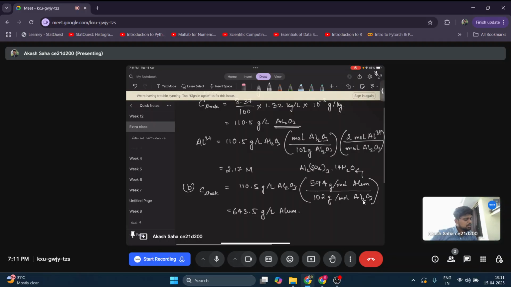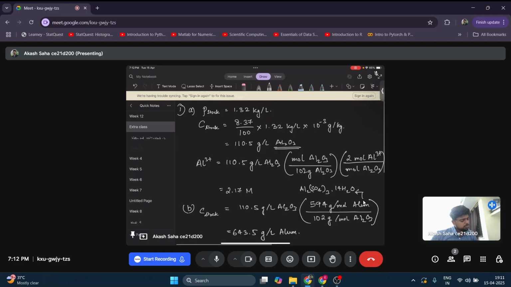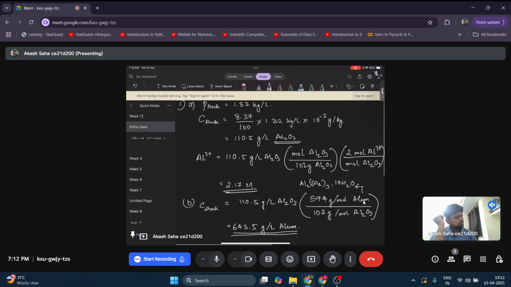So these are the first two basic parts: how to calculate the molarity of Al3+ ions, and then the stock solution concentration in terms of alum. You just have to play with the molar mass. You need to know the molar mass for all the various species you are trying to find. Let's go to the third part now.